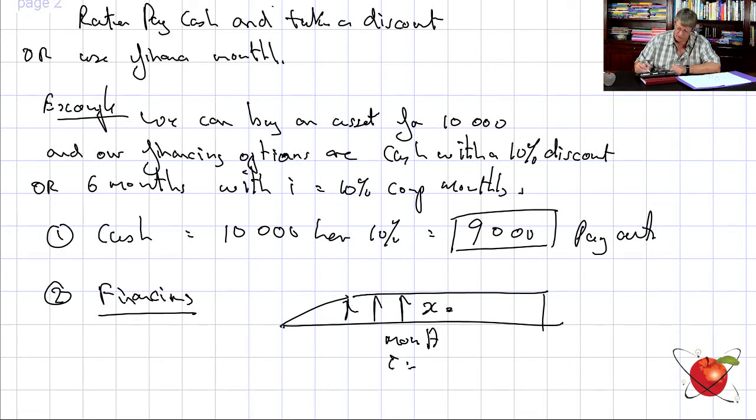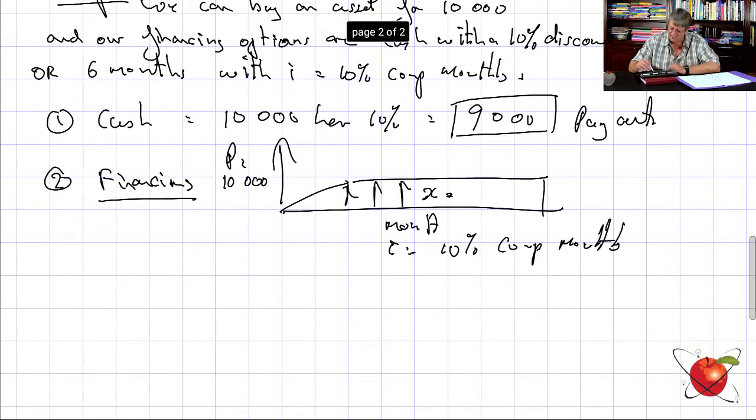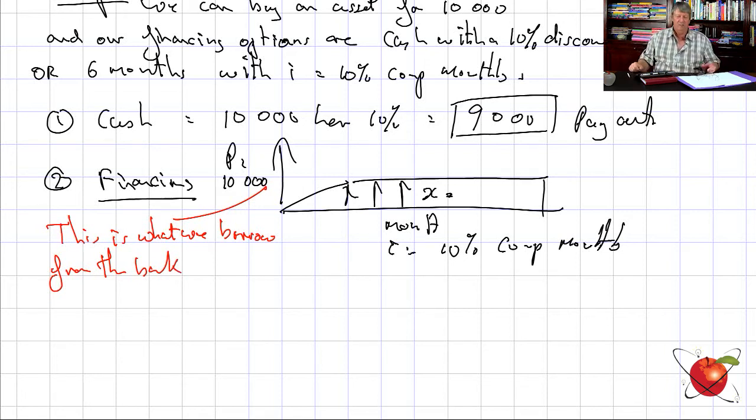I equals 10% compounded monthly, and my present value is 10,000, because that's what I am borrowing from the bank.